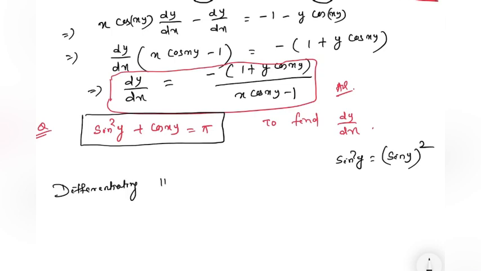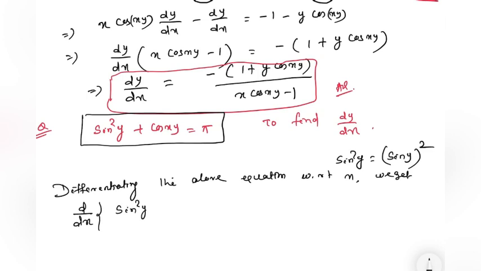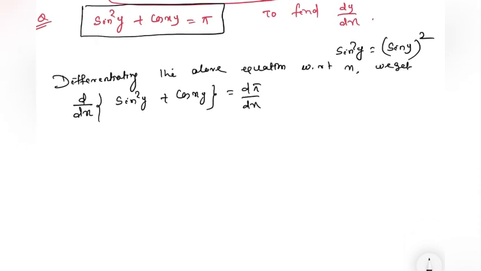Differentiating the above equation with respect to x, we get the derivative of sin square y plus cos xy, equal to the derivative of pi with respect to x.